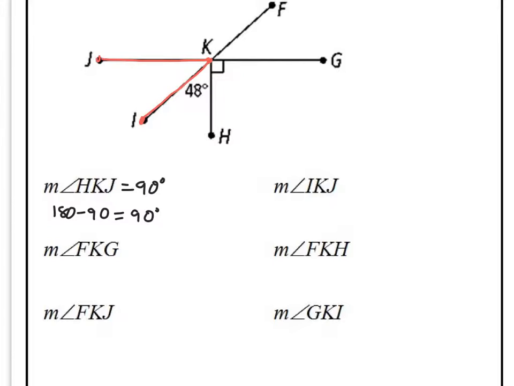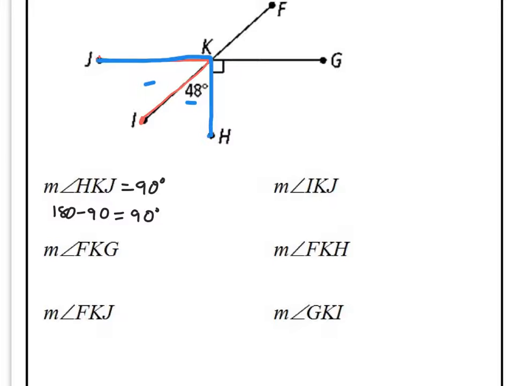If you notice what angle we had just previously found, we had found angle HKJ, and angle HKJ is a 90-degree angle. I know this is a 48-degree angle, and this angle has to be the rest of it.